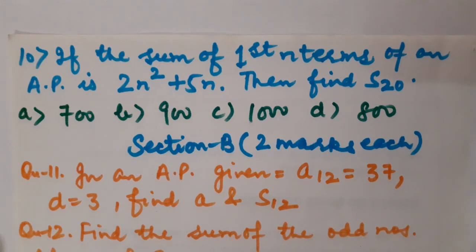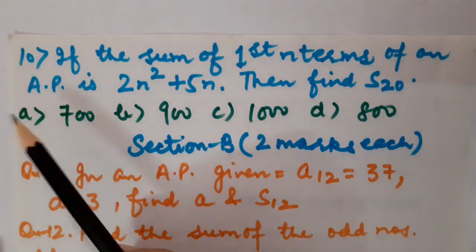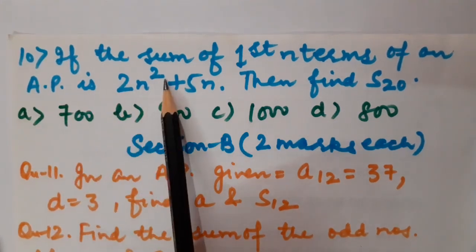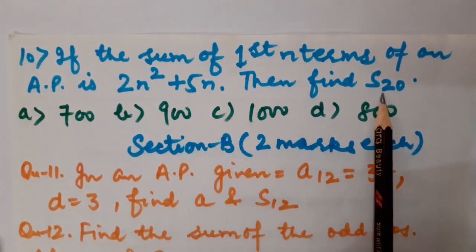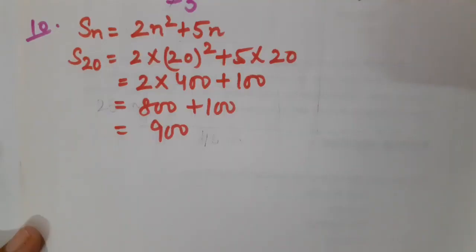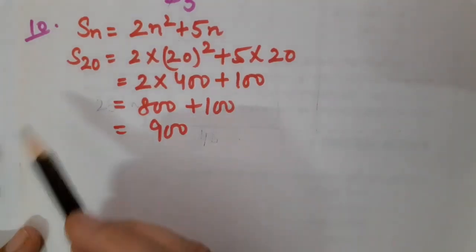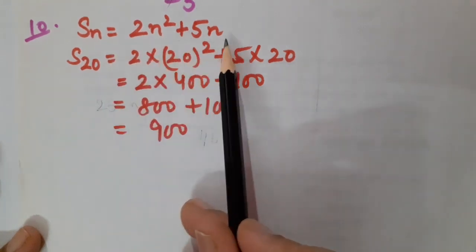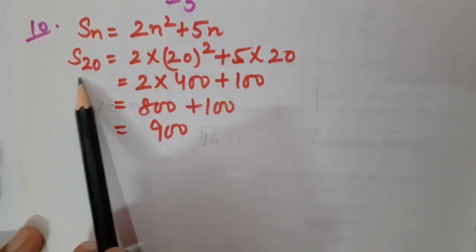Now the last MCQ, that is question number 10, is, if the sum of first n terms of an AP is 2n square plus 5n, we have to calculate S20. Means we have to calculate the sum of first 20 terms of the AP. Fine. So children, this is very simple. Sn means the sum of first n terms, that is 2n square plus 5n. We have to calculate S20.